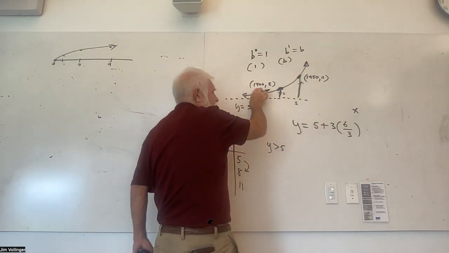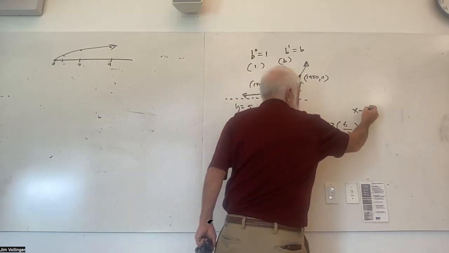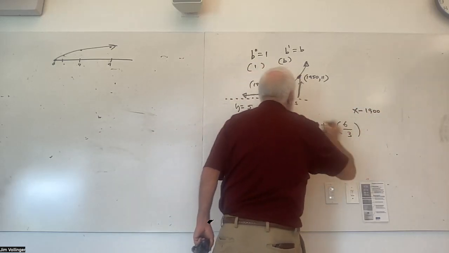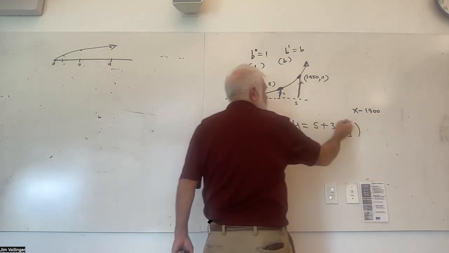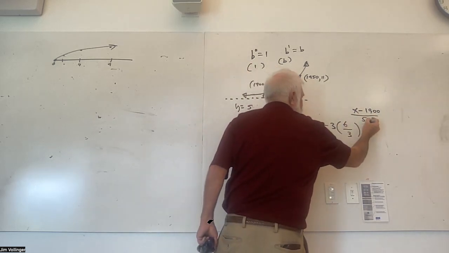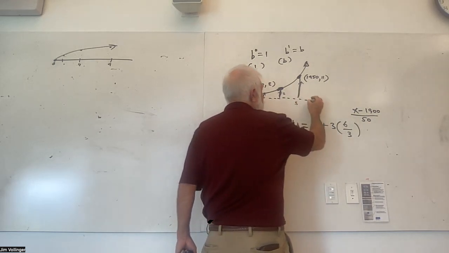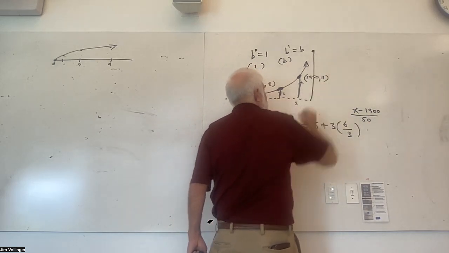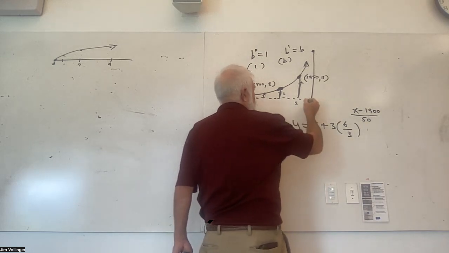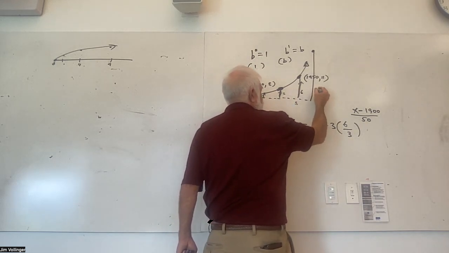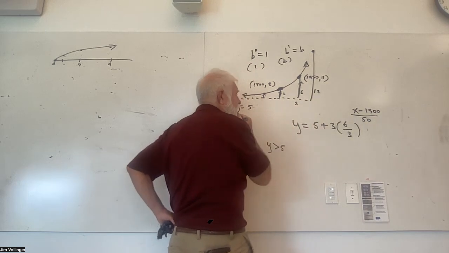Okay, so how do I make a 0 out of 1900? 1900 minus 1900. And 1900 and 1950 tells me that every 50 years, I'm getting this. So 50 years from now, that's going to double, right? And so if this is 3 and this is 6, I should go up 12 units on top of 5.